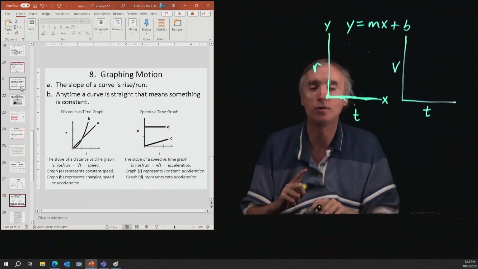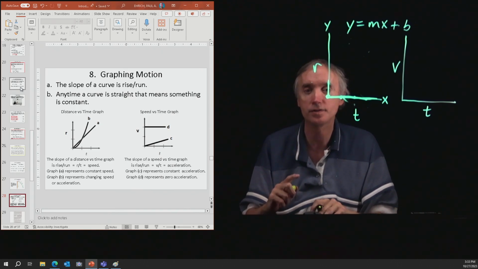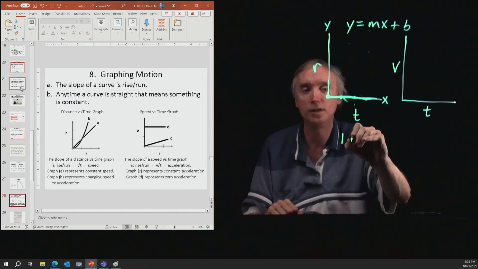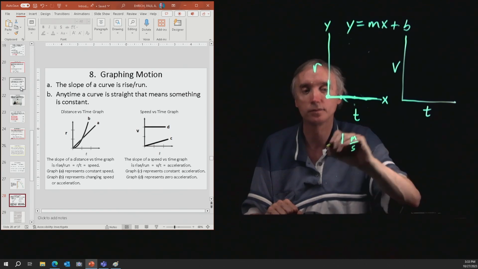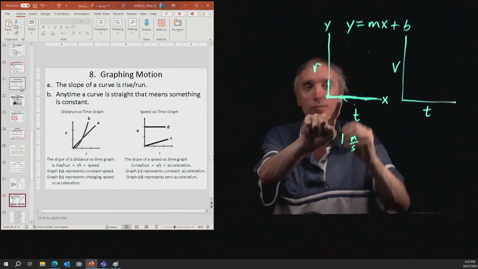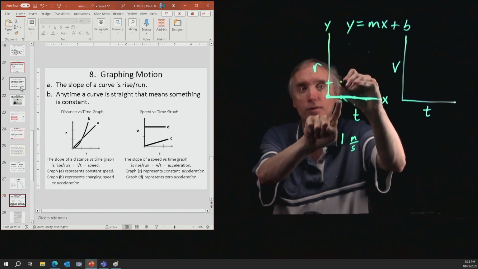Now, what about if it's traveling at a constant speed? Let's say that it's traveling at 1 meter per second. At the end of 1 second, it would be at 1 meter.